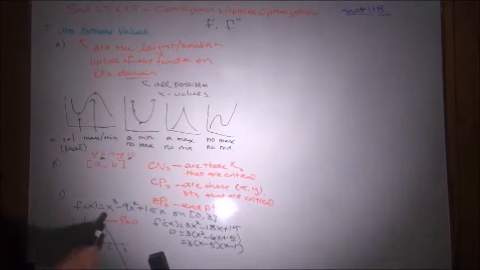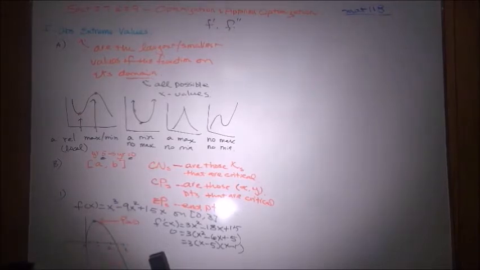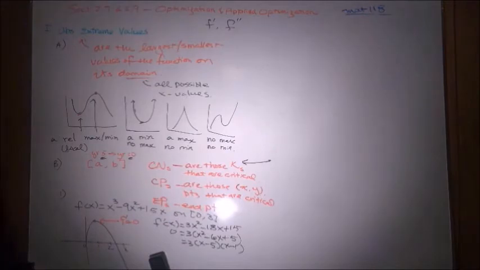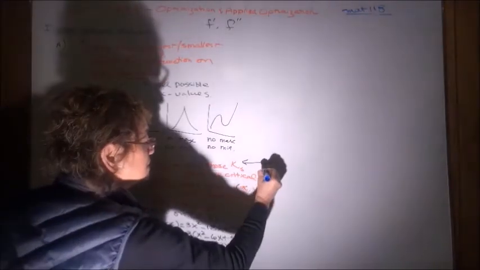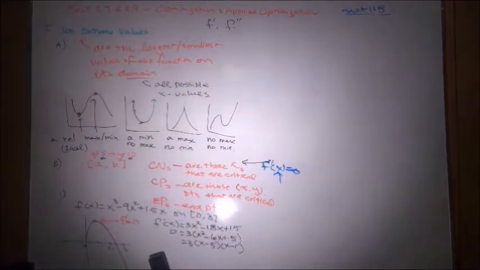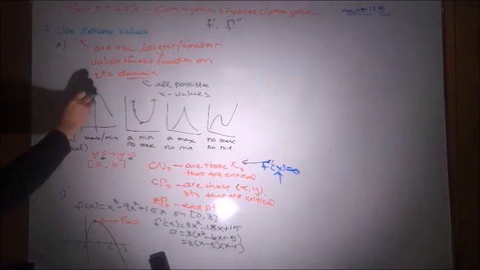So we say f prime is 0, which means what? They are critical numbers. F prime at these points is 0, so they didn't change the rate of change at those points.